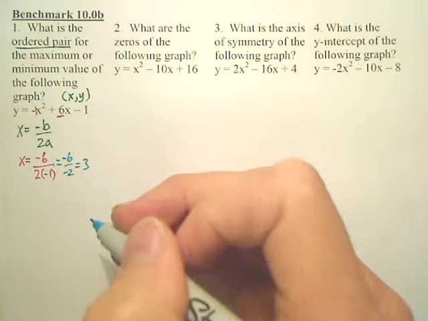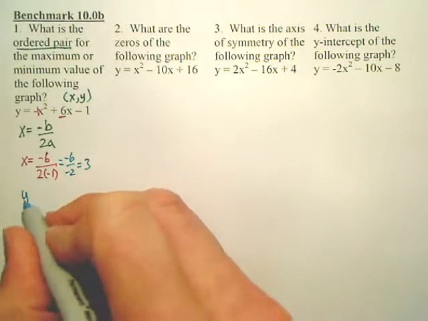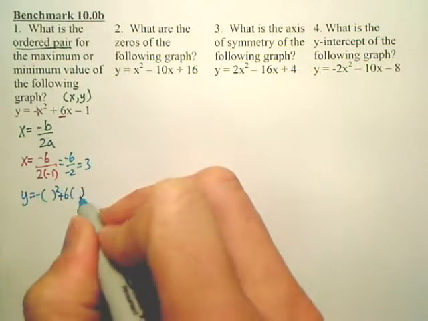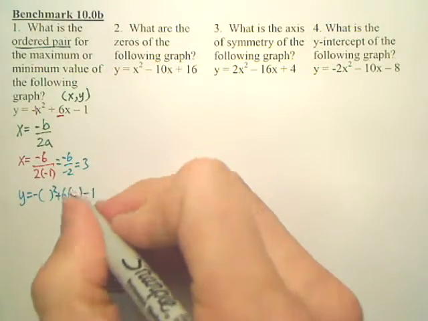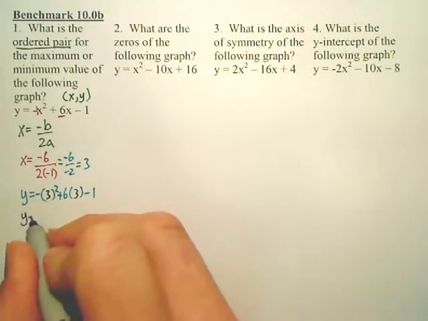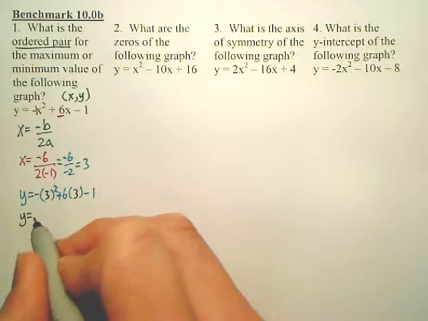So how do we find the rest of this answer? How do you find y? You take the equation and plug 3 in for x to find y. So when we plug in 3, that's 3 squared is 9, then make it negative.